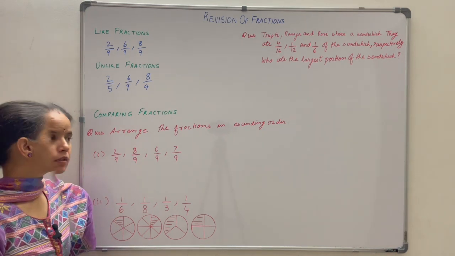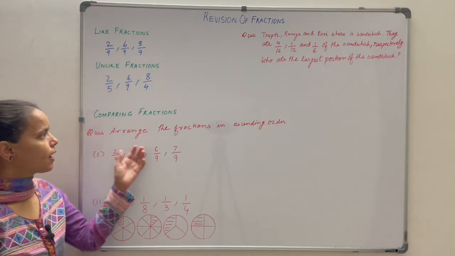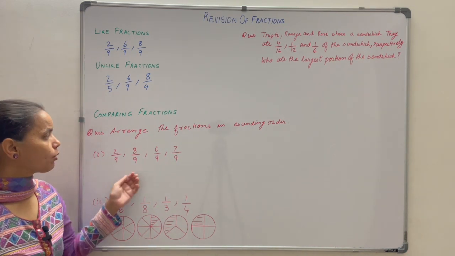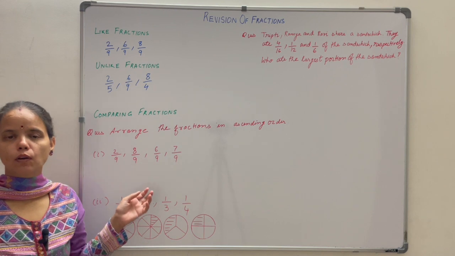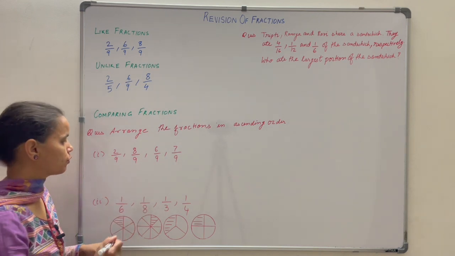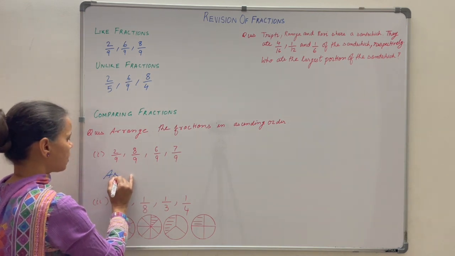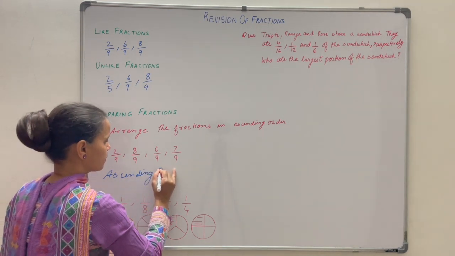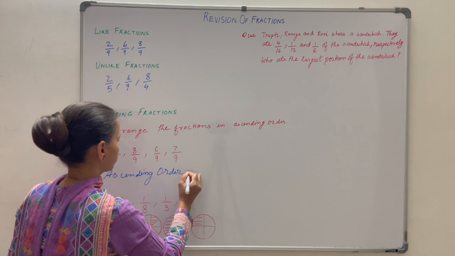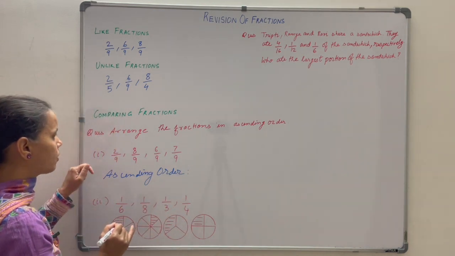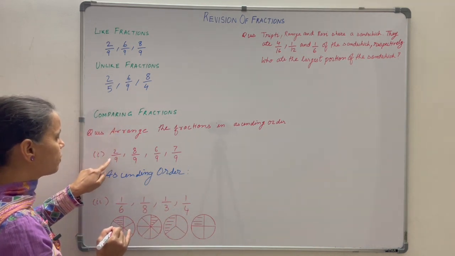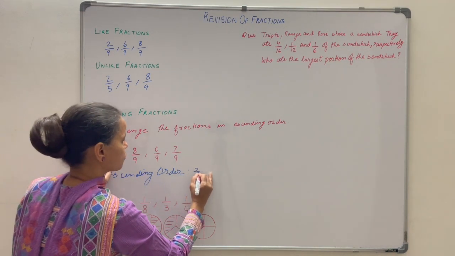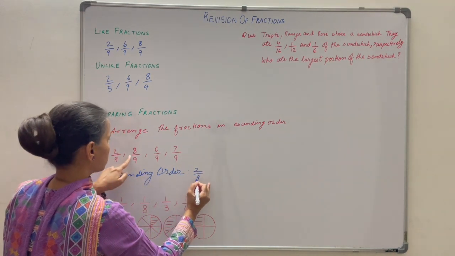Comparing fractions. Let us take these questions. Arrange the fractions in ascending order. Here the denominator is the same, so they are called like fractions. So you need to arrange them in ascending order. Here the smallest number is 2 by 9 because the numerator is smallest.